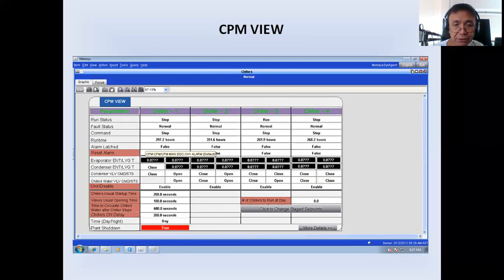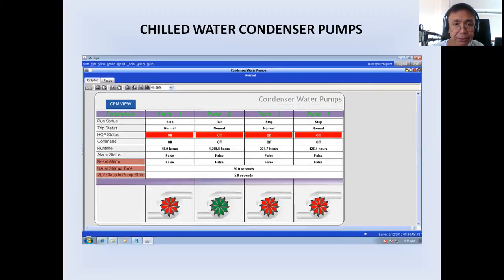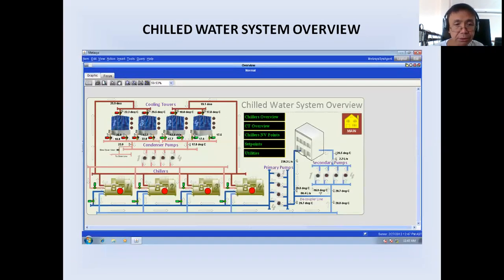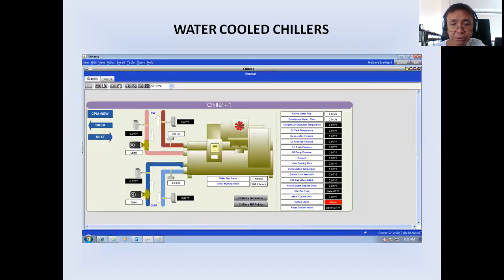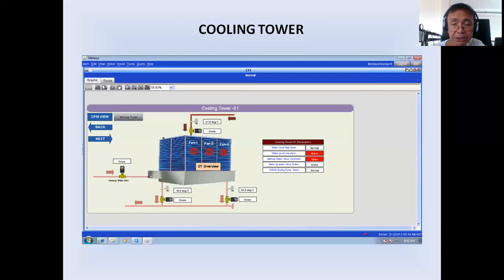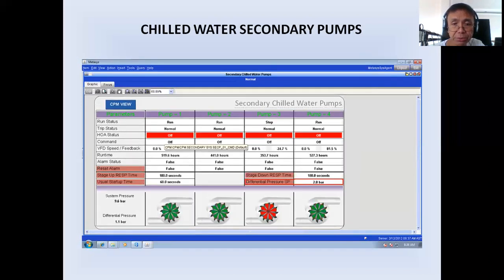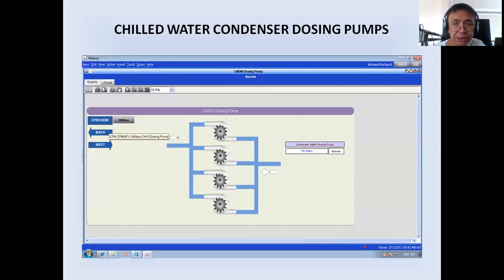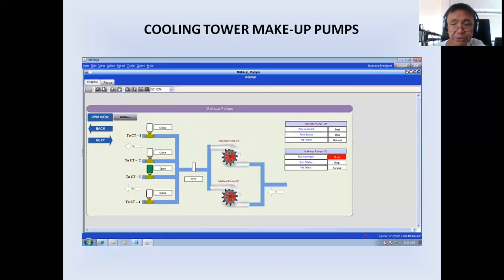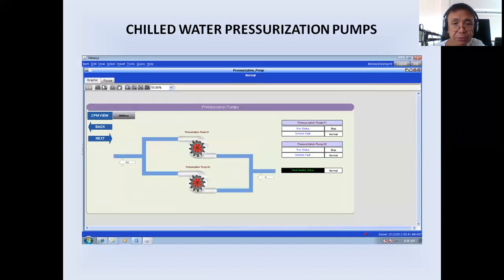Okay, so that's the end. To wrap it up, I've shown you the main display, then the information displayed for each chiller, then the information displayed for each cooling tower, the primary chilled water pumps, secondary chilled water pumps, condenser water pumps, the condenser water dosing pumps for cleaning the condenser water, makeup pumps for maintaining the condenser water in the cooling tower basin, and the pressurization pump to maintain the pressure in the chilled water line.